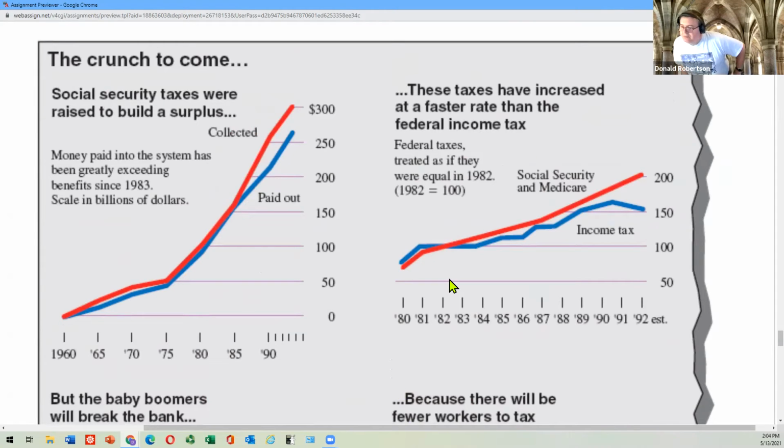In that same time period, the number of people who are working and therefore paying Social Security will not increase by the same amount. So it's not like 5 more million people are getting Social Security, but that's okay, because 5 million high schoolers have now left high school and are working and paying into Social Security.